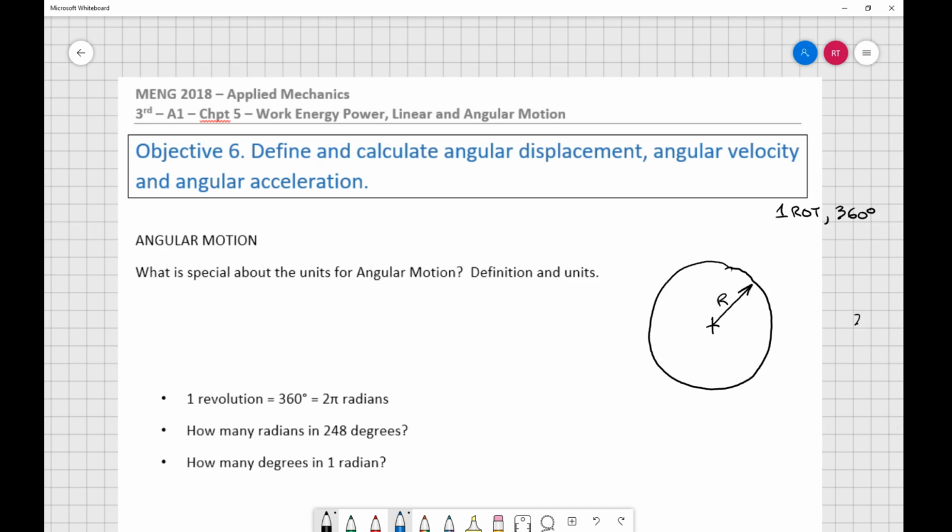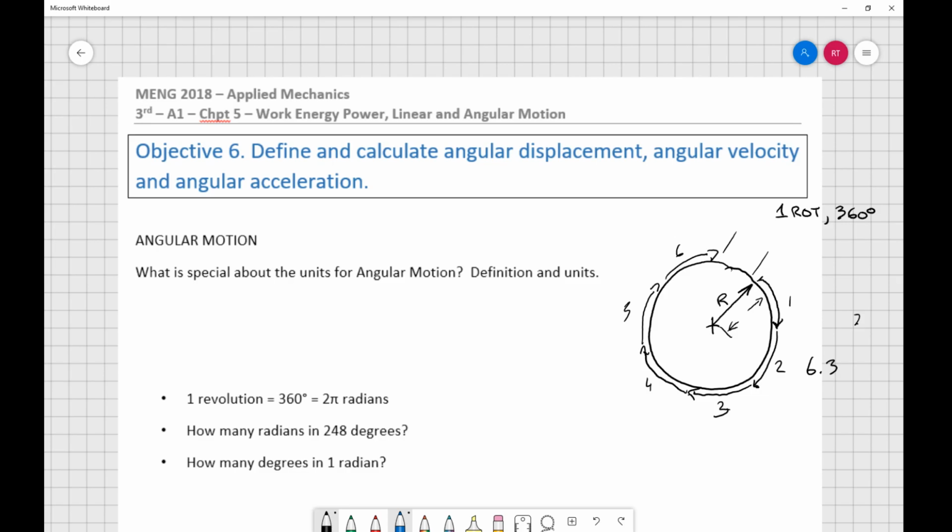A radian: if we take the radius of a circle and plot that distance along the circumference of the circle, we find we have about 6 of them, and we're left with not quite one. Actually, we have roughly 6.3 or so radians.